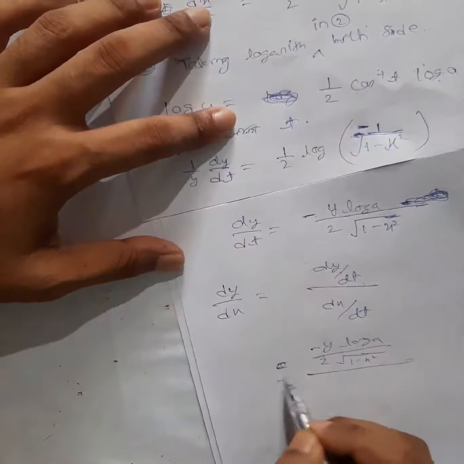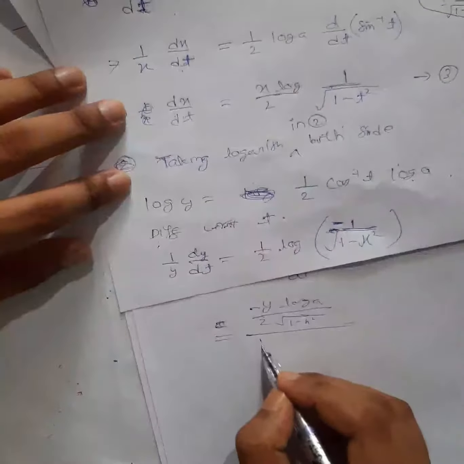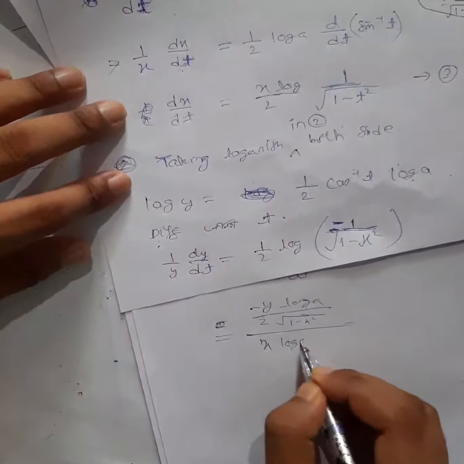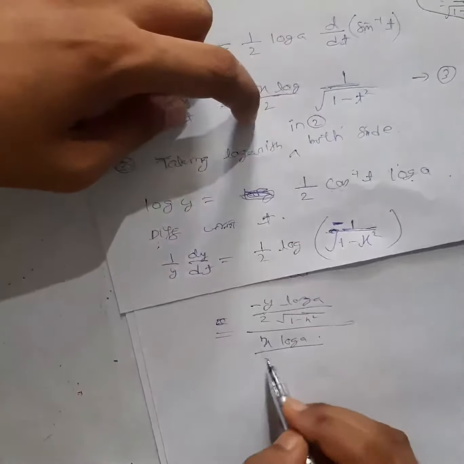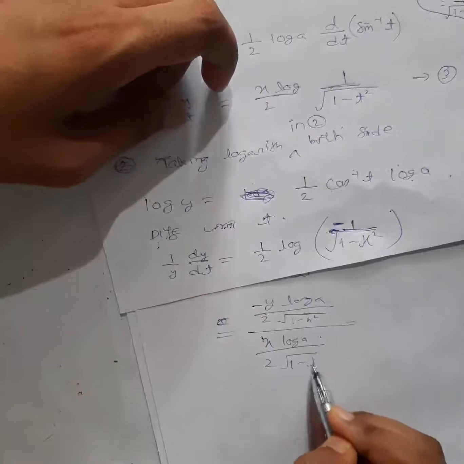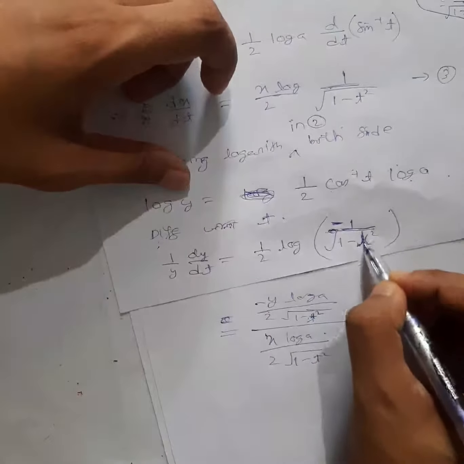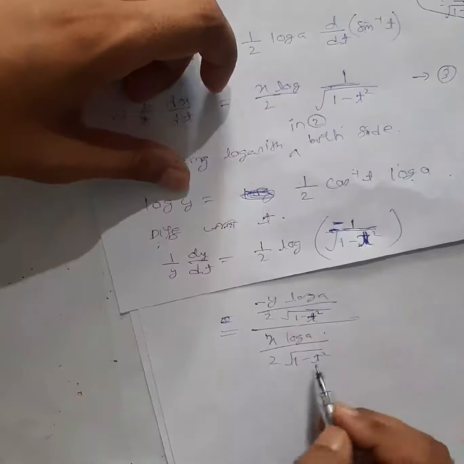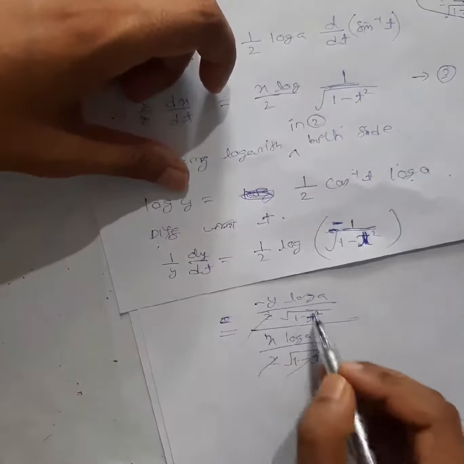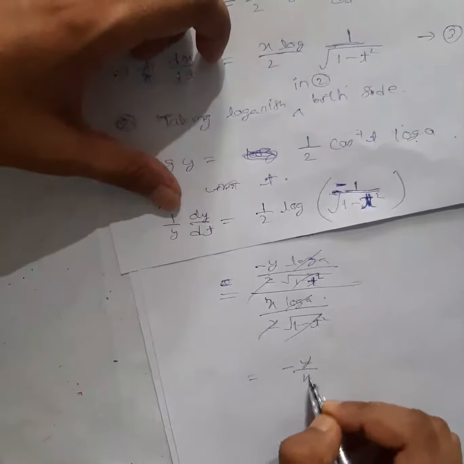Then dx by dt, what did we get? dx by dt is this one, x log a by 2 root over 1 minus t square. Here also t square, sorry, why did I write x? So 2 gone, root gone, log a gone. What will be left out? Minus y by x.